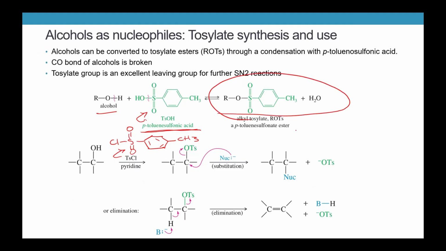Okay. And again, we won't show the full mechanism here, just like with SOCl2, but I do want to point out the oxygen is going to be our nucleophile, and then we're going to kick out a leaving group. And this makes a little more sense.